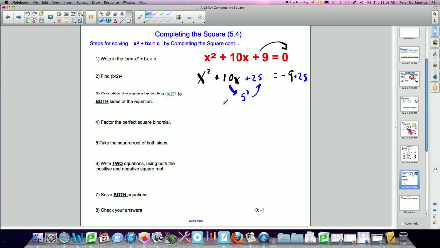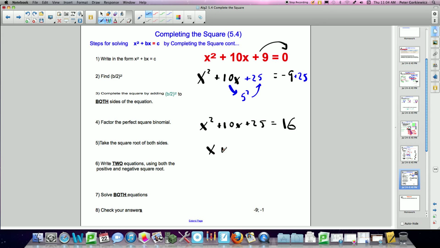Right? So this really is x squared plus 10x plus 25 equals 16. And we did all that work so we can factor this side into a perfect square trinomial.